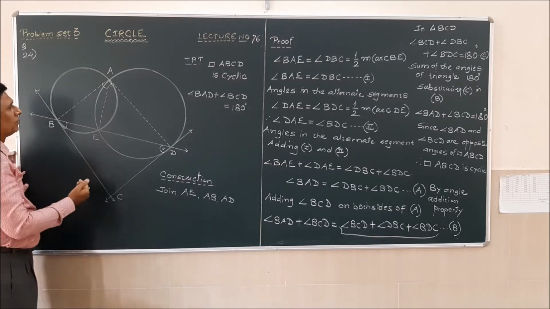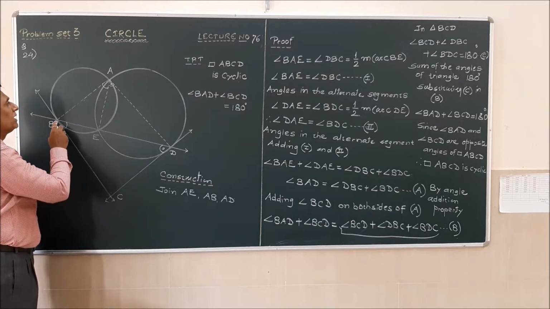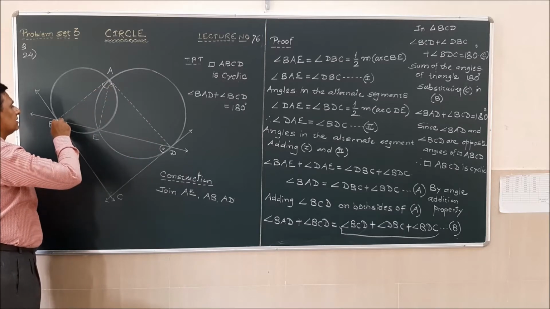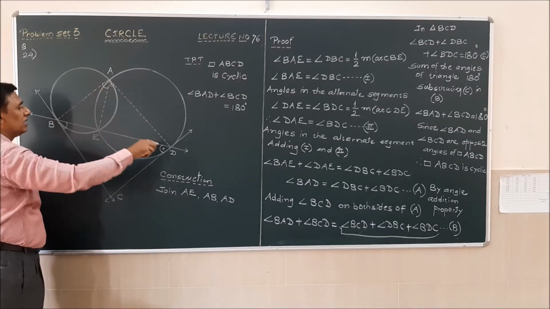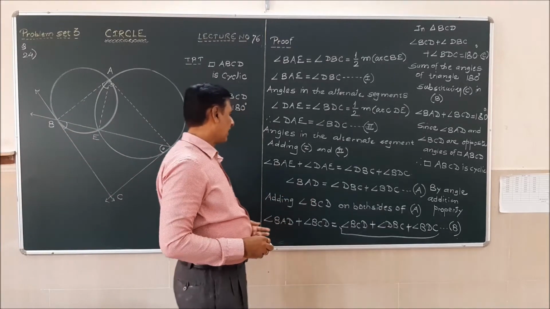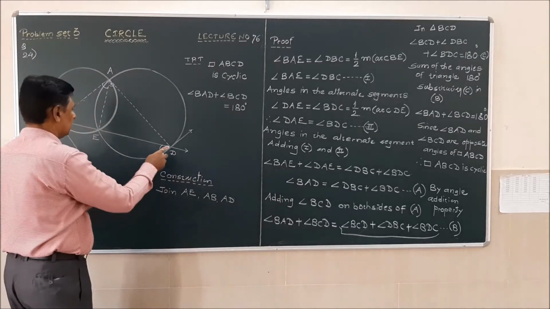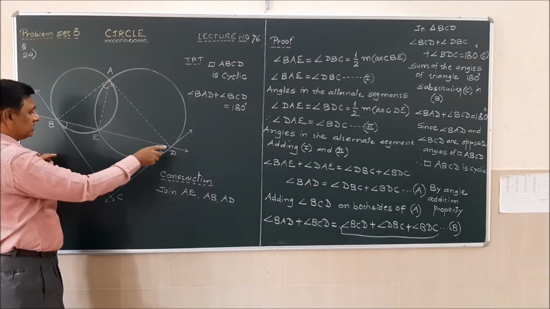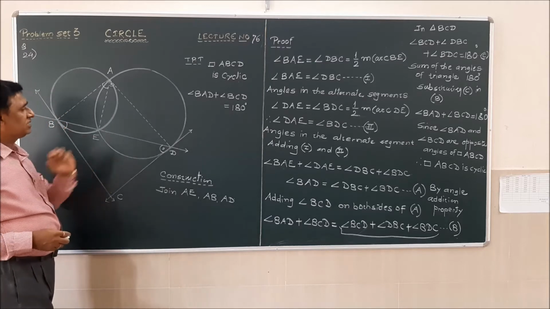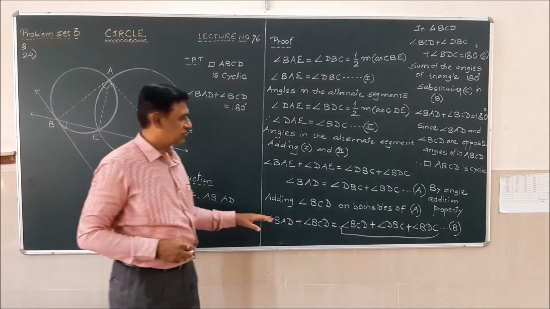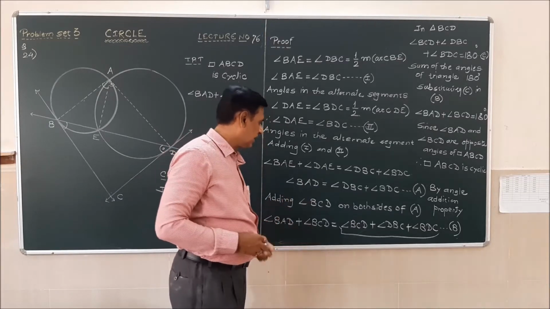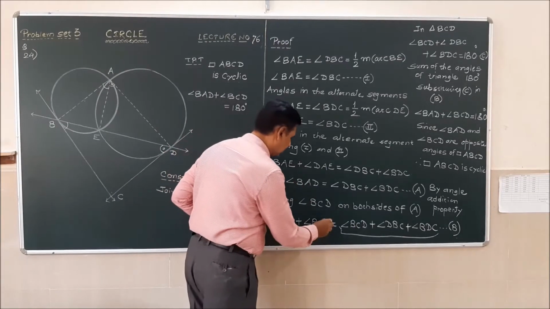So adding this 1 and 2, you will get angle BAE plus angle EAD, that is equal to angle BAD. So here you will find angle BAD, the right hand side is DBC plus BDC. So adding angle BCD on both sides, BAD as it is, BCD we add over here along with BAD.